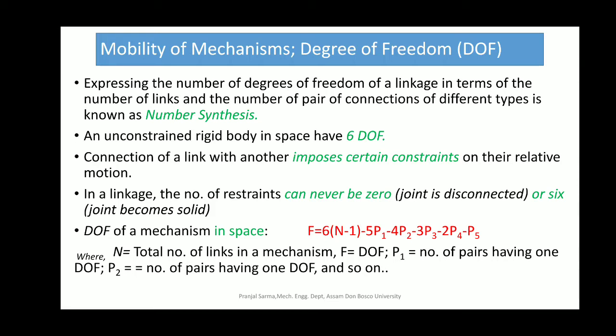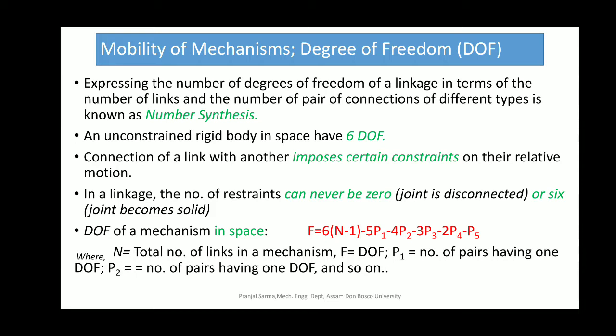Now if we are talking about a linkage, then the number of restraints, that means limitations, can never be zero. If it is zero, then it means that the joint is disconnected, that means the members are not even joined. And if the members are not even joined, how can they form a kinematic chain, and from there how can we obtain a mechanism? So it's not possible.